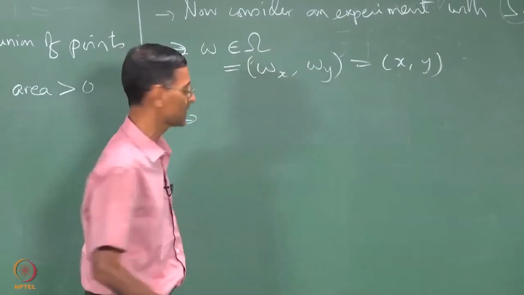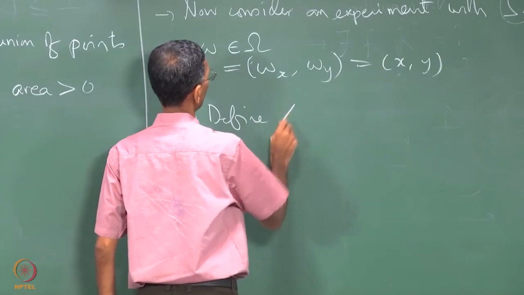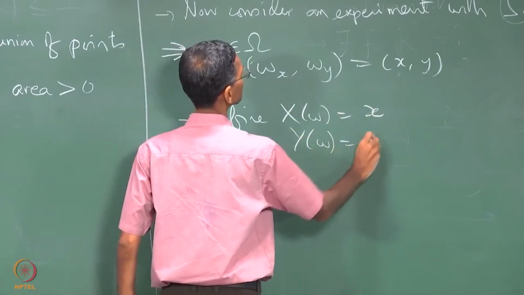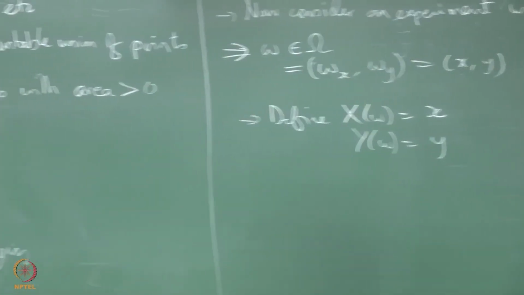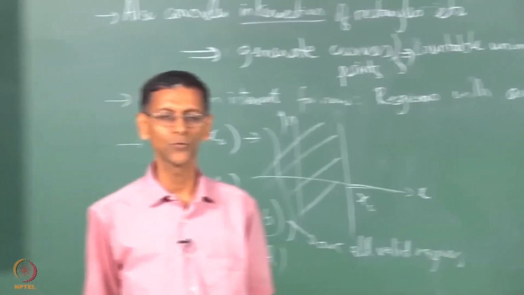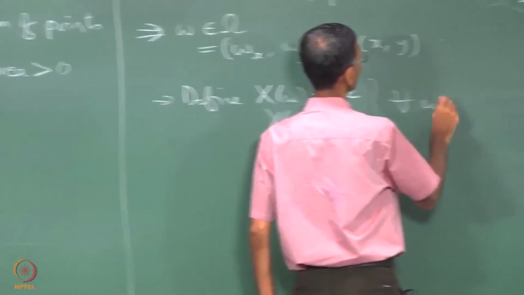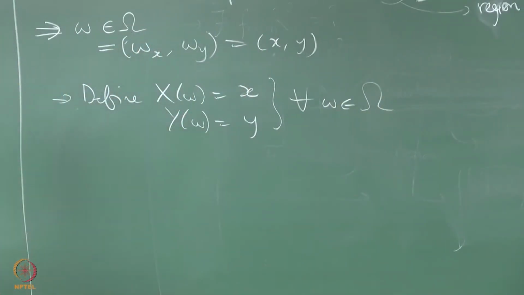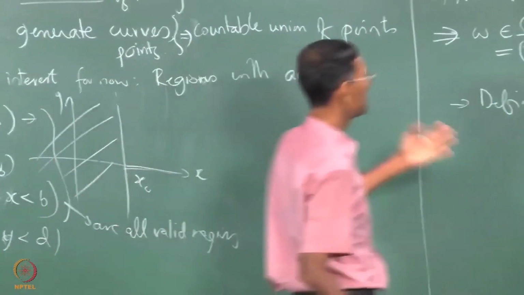So now I can define X of omega as small x and Y of omega as small y. So for every omega I have defined the values taken by the two random variables. If I do this for all small omega in capital omega, I have defined the two random variables X and Y, and obviously this can always be done.